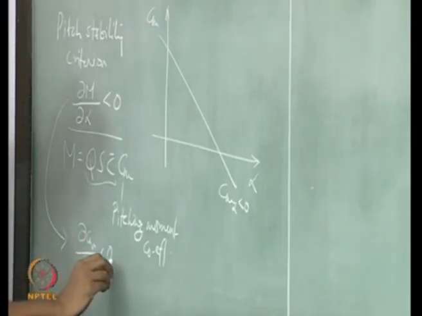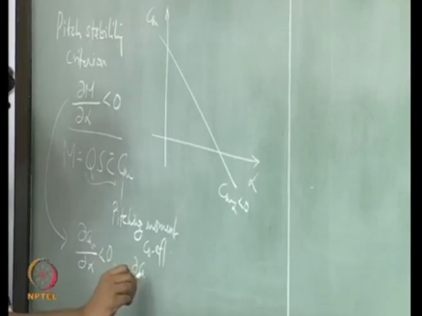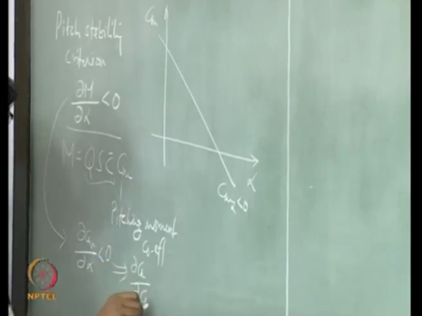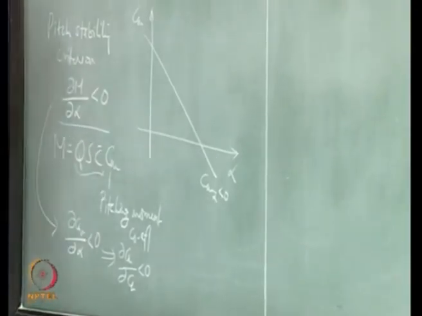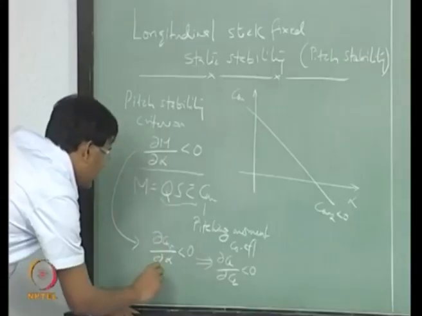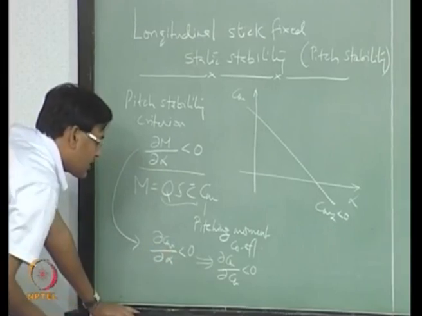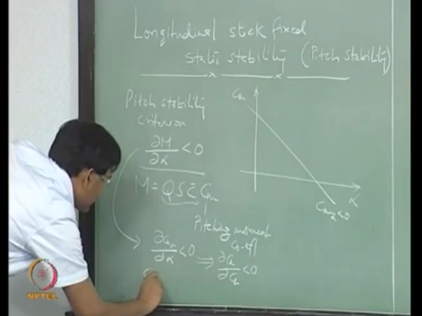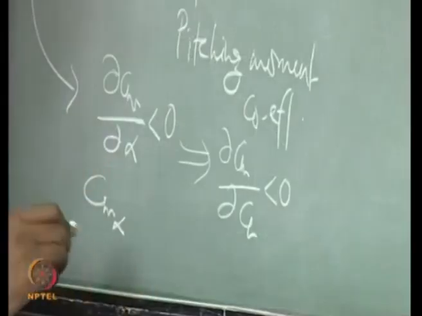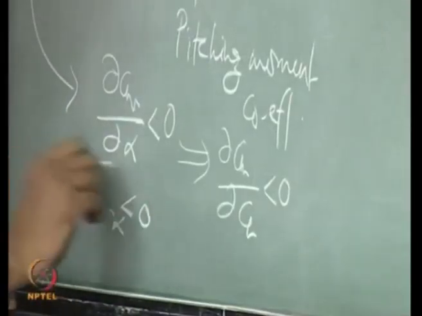This is also equivalent to saying dCm over d alpha Cl is less than 0. In short form, this is Cm alpha.